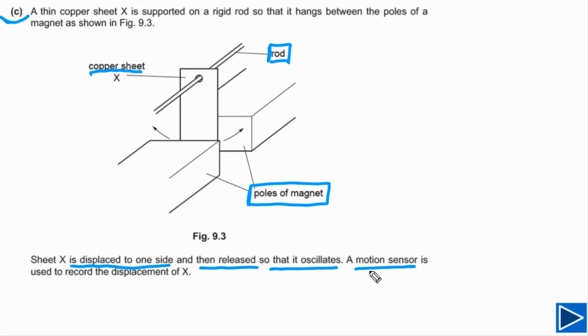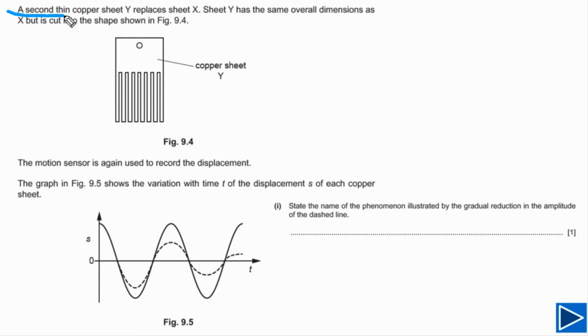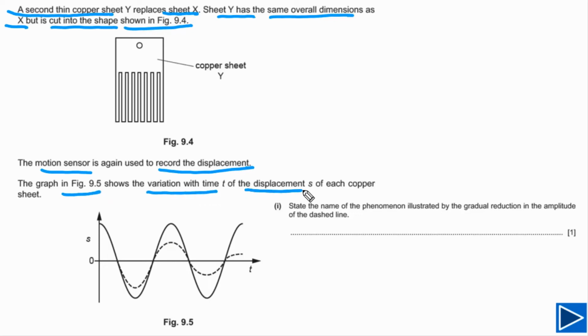A motion sensor is used to record the displacement of X. A second thin copper sheet Y replaces X. Y has the same overall dimensions as X but is cut into the shape shown in figure 9.4. The motion sensor is again used to record the displacement. Figure 9.5 shows the variation with time t of the displacement s of each copper sheet.